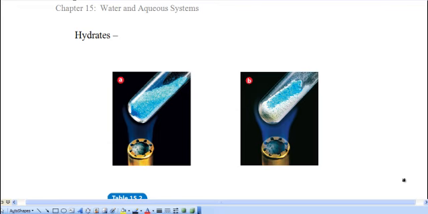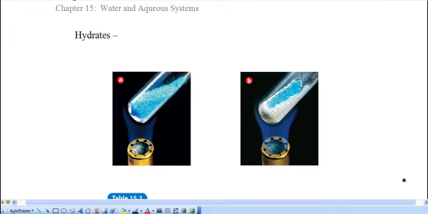What can happen is that when you have, say, a solution, something dissolved in water, you can allow that water to evaporate off. And what happens is, as the water evaporates off, you're left with salt crystals again. But in some cases, there is actually water trapped in those salt crystals, and that water is called the water of crystallization or the water of hydration.